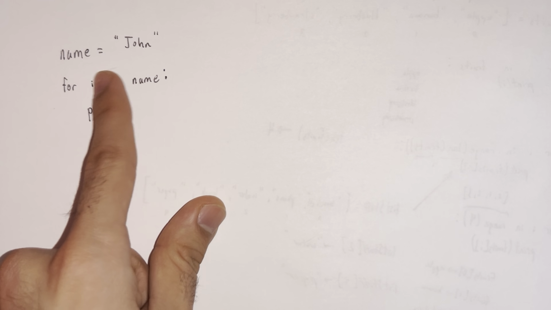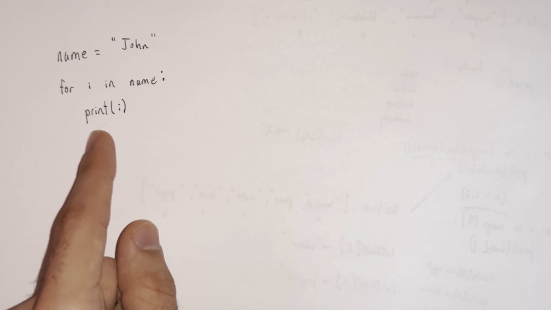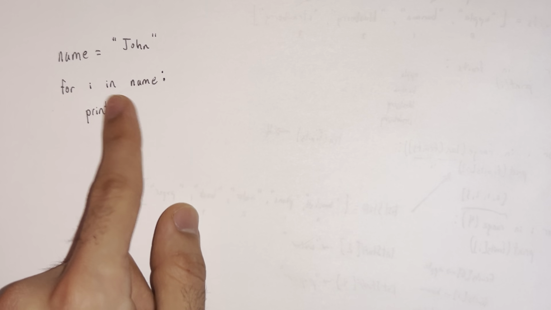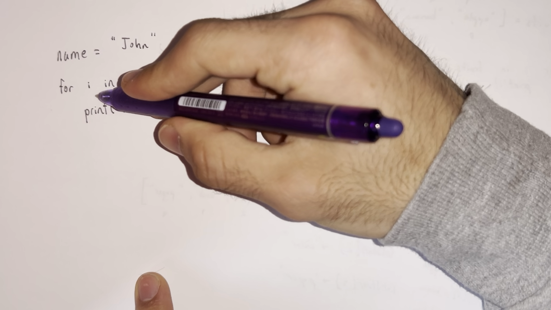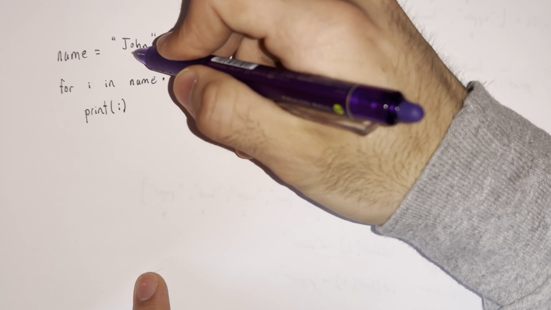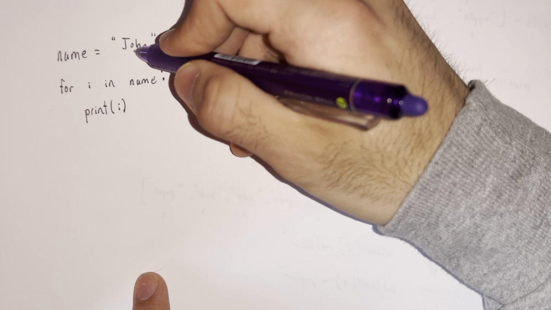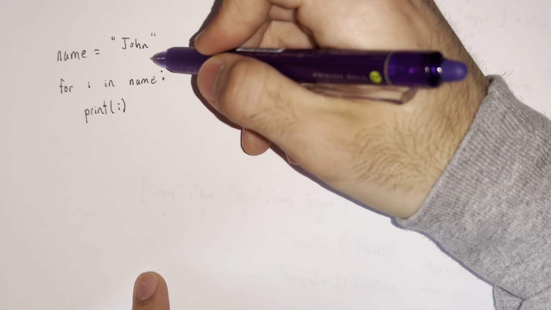Basically, you have your name. We have John, and we're gonna for loop through the name, for I in name. So what is for I in name doing? Well, that's saying, okay, we have a variable I, and we're gonna look at each thing in name, each character in the string name.